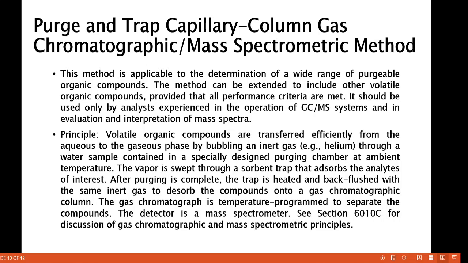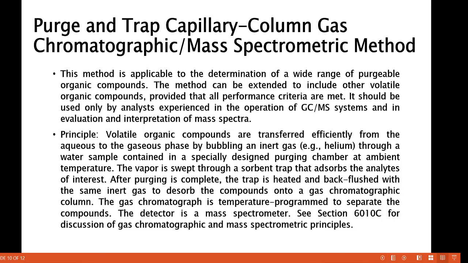The principle of this method is that the volatile organic compounds are transferred efficiently from the aqueous to the gaseous phase by bubbling an inert gas through a water sample contained in a specially designed chamber at ambient temperature. The vapor is swept through a sorbent trap that absorbs the analytes of interest.